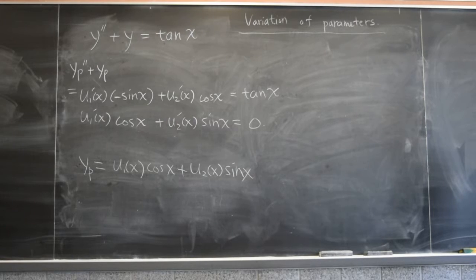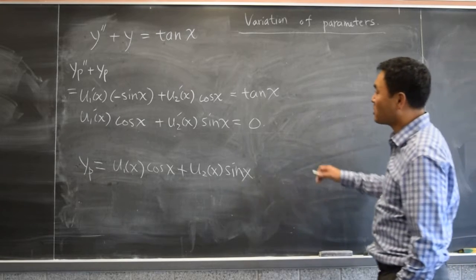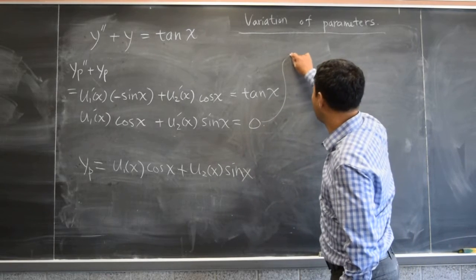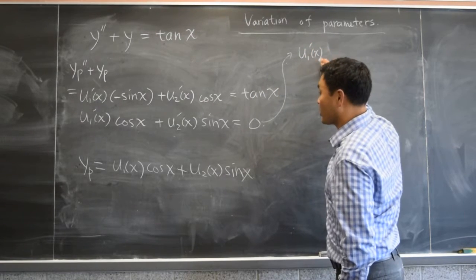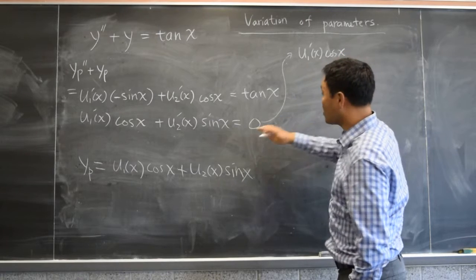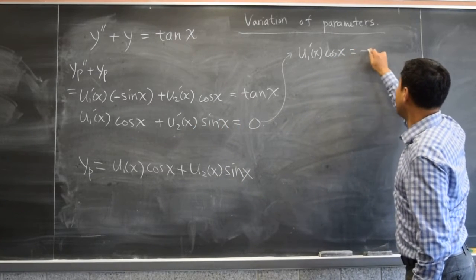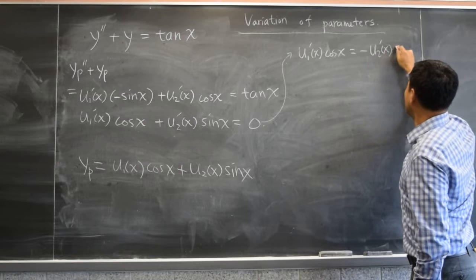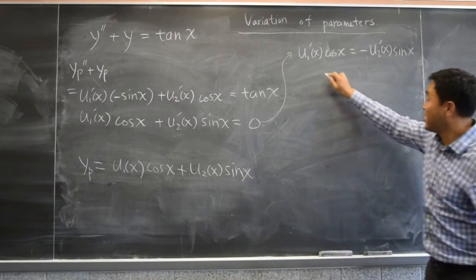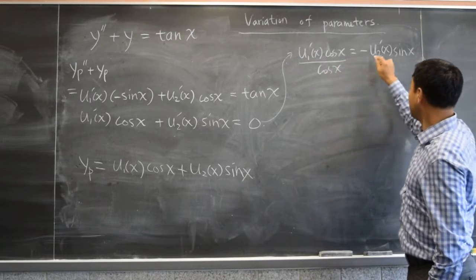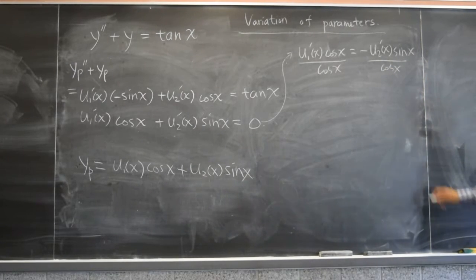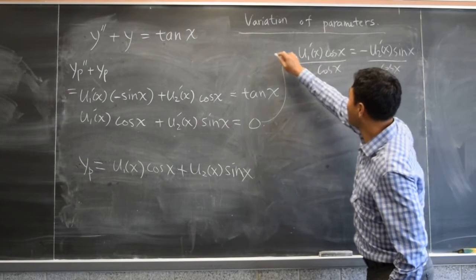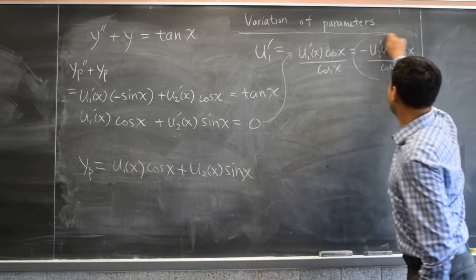I want to solve for u1 prime. So I move this to the other side, and you get negative u2 prime of x sine x, and then divide both sides by cosine x. Which now means that u1 prime is this much.